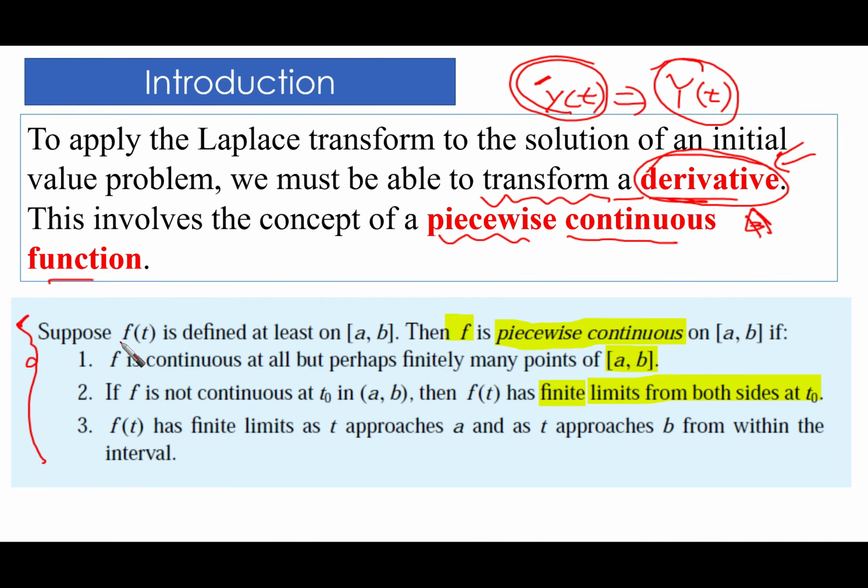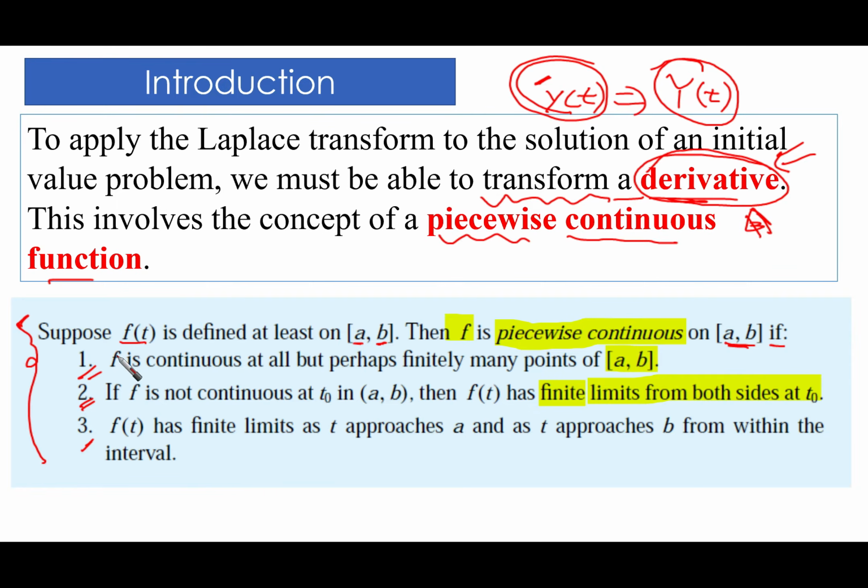Suppose that we have a function f of t defined at least on an interval a and b, between a and b. Then f, the function itself, is considered to be piecewise continuous on this interval if we have three conditions here.